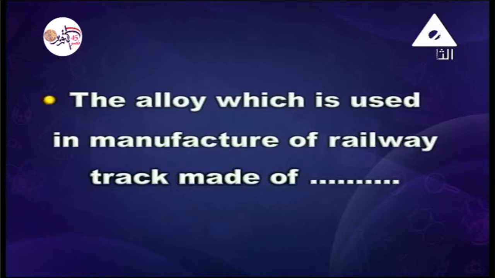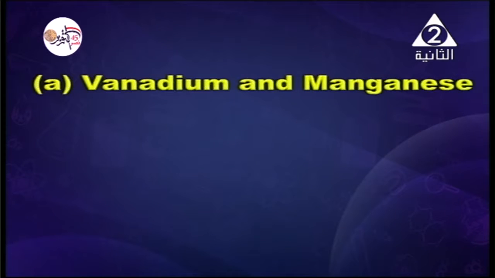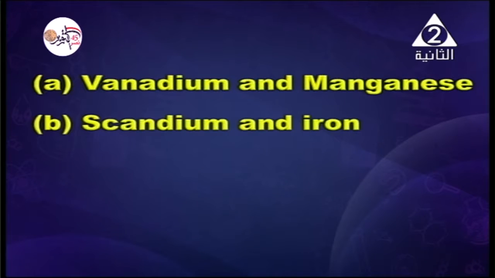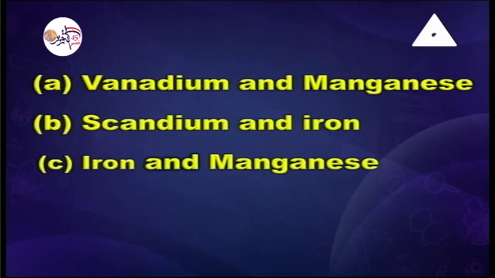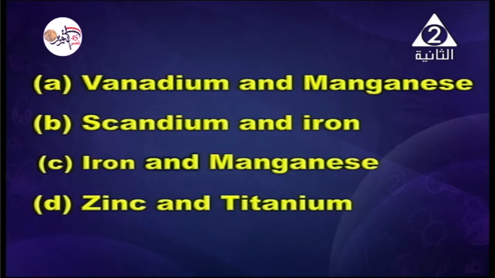Next point, the alloy which is used in the manufacture of railway track is made of what? Vanadium and manganese, scandium and iron, iron and manganese, zinc and titanium. Yes, it will be iron and manganese.